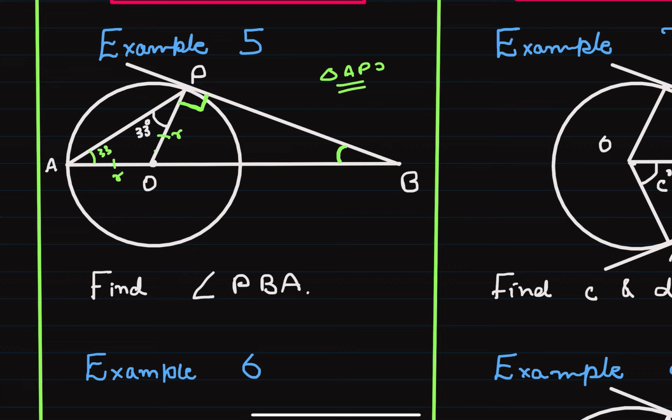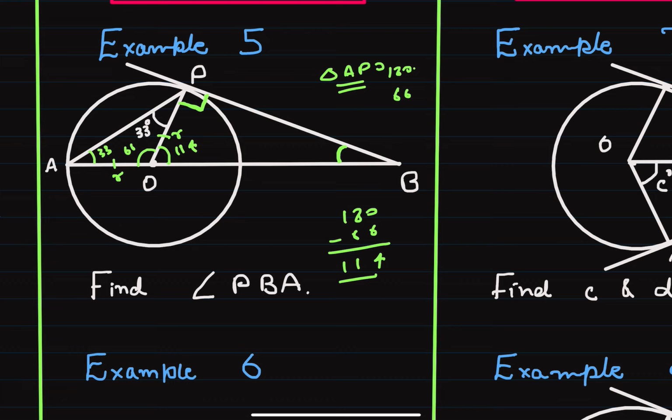If you add 33 plus 33, it would be 66, and subtract it from 180. 180 minus 66 is 114, right?